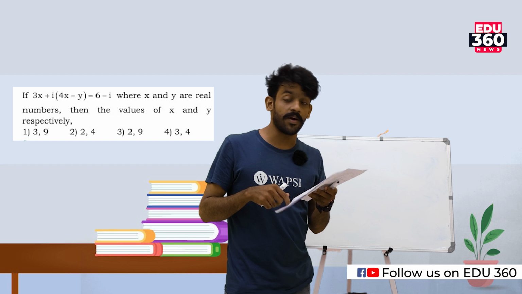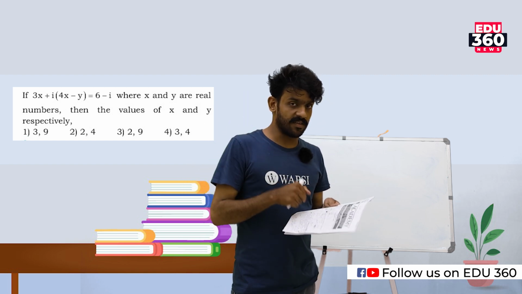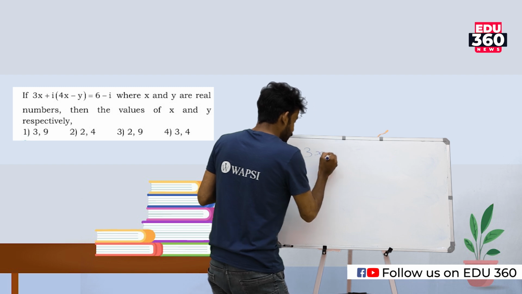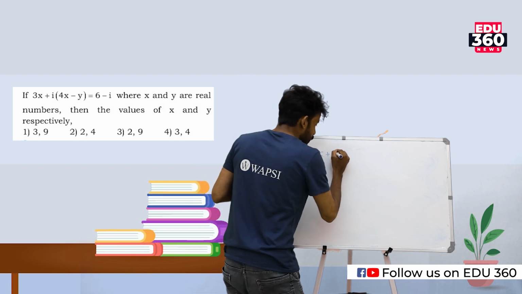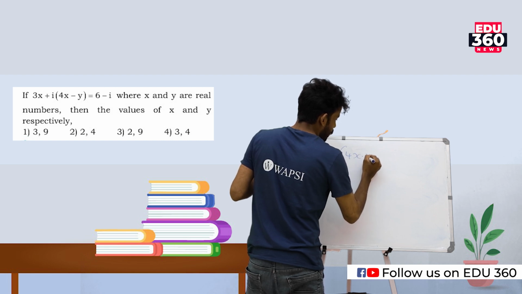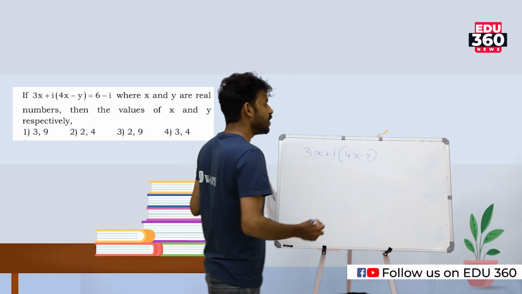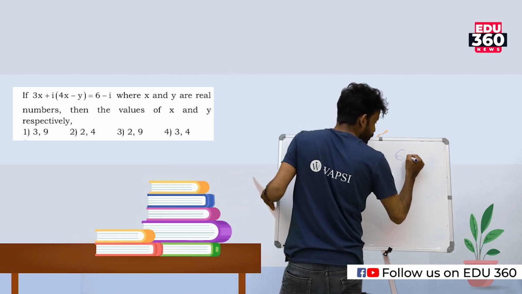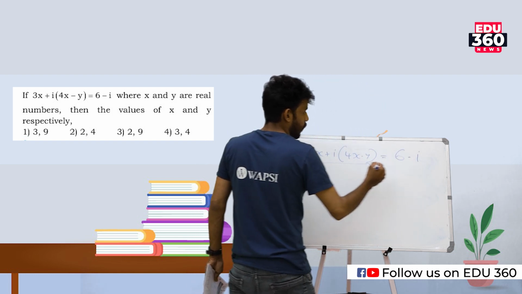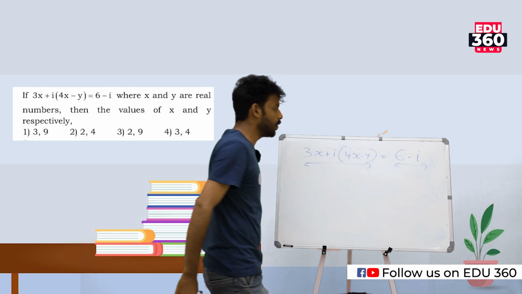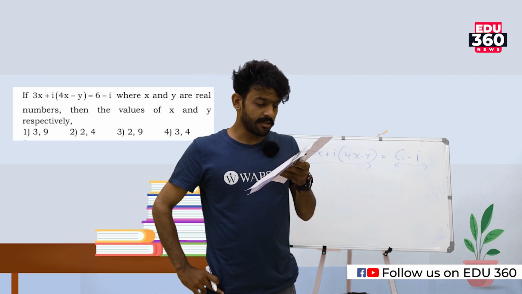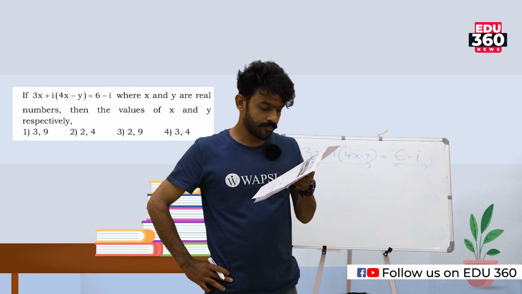It's given in the form of a complex number, so we can write 3x plus i, 4x minus y is equal to 6 minus i. Two complex numbers are equal, and they are asking us to find the values of x and y.